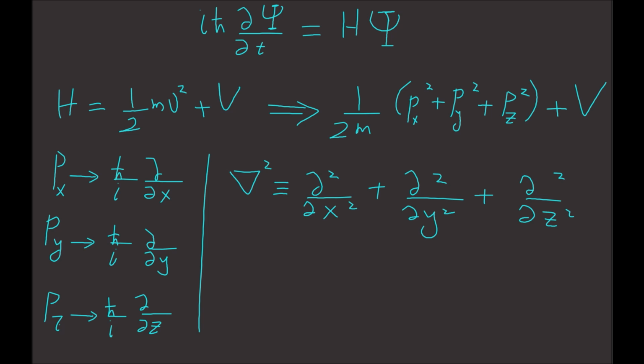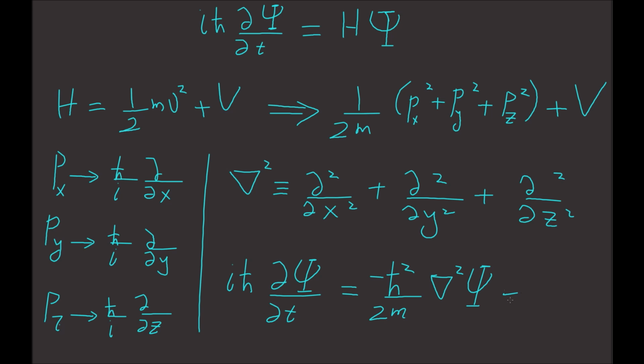So our Schrodinger equation in terms of the Laplacian reads i h bar times the partial time derivative of psi equals minus h bar squared divided by 2m times nabla squared times psi plus some potential function times psi.